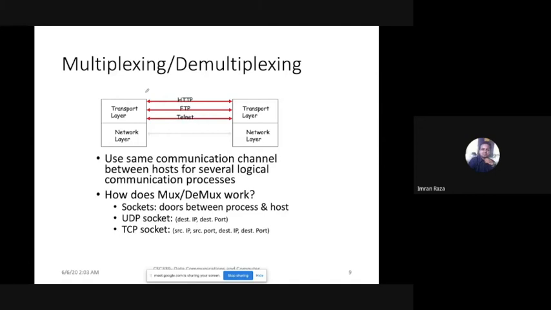So how do we differentiate the data of these different types of protocols? For that, we need multiplexing and demultiplexing. So we identify a socket, which is sort of like a door in between the application and the transport layer.